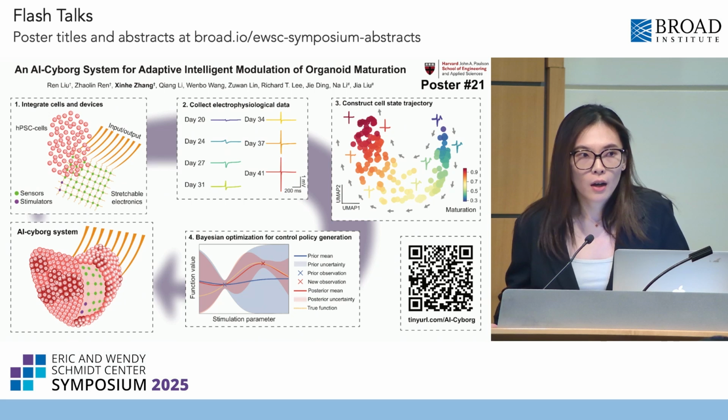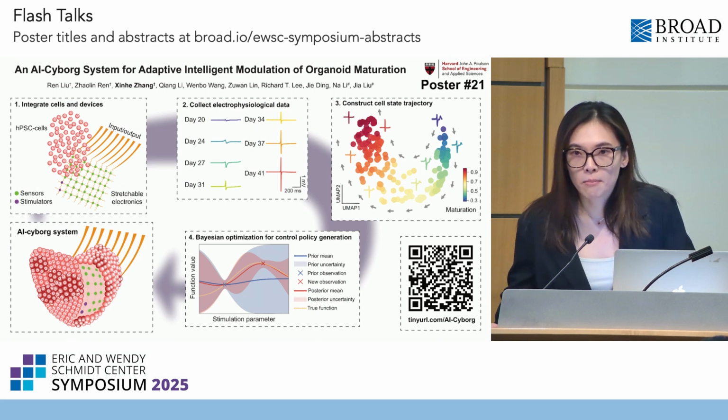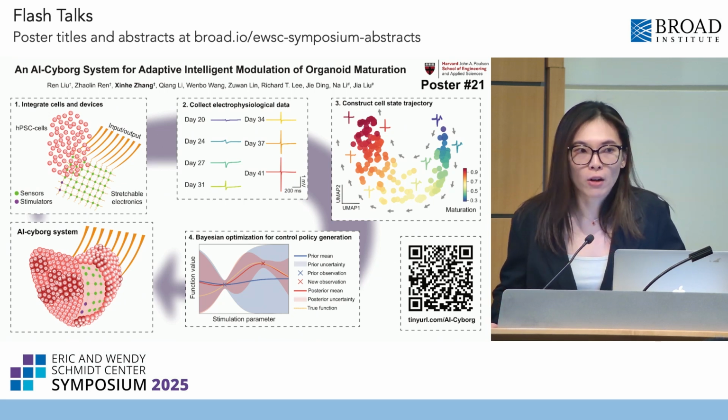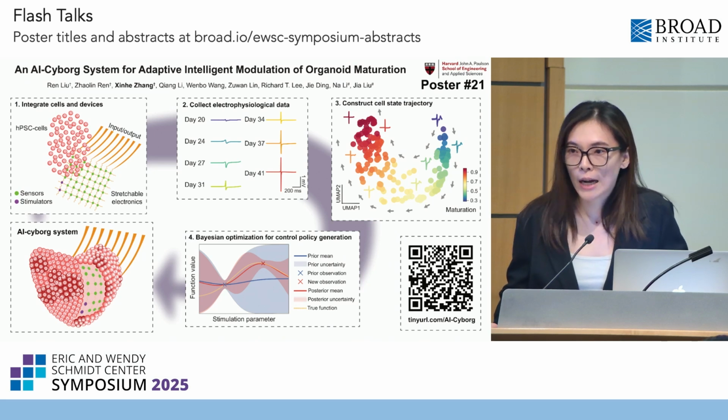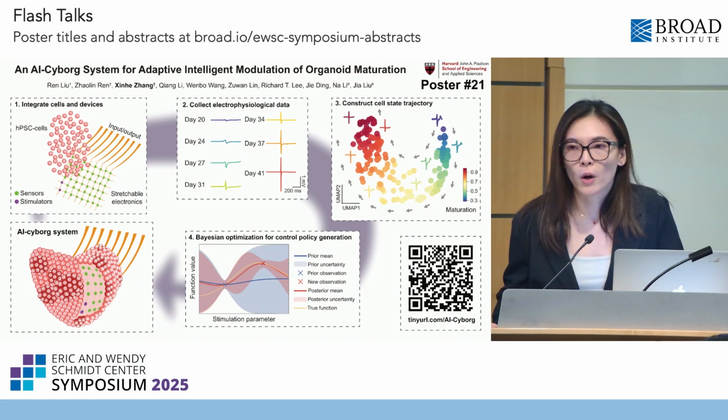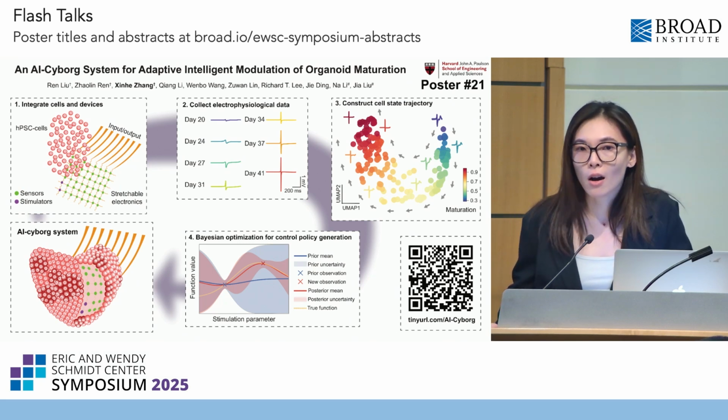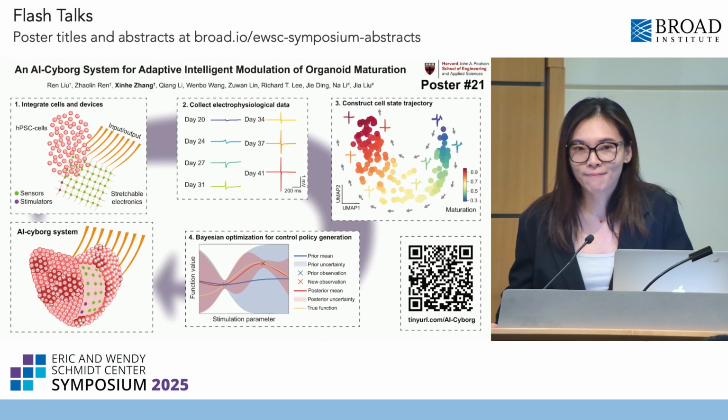This approach embarks on a new paradigm for cybernetic control of biological systems, integrating real-time sensing, learning, and actuation. To learn more about this work, we invite you to visit us at poster number 21, as well as our manuscript on bioRxiv in the QR code. Thank you.